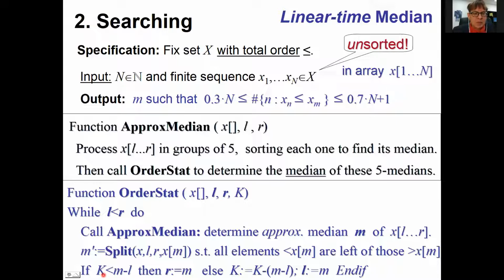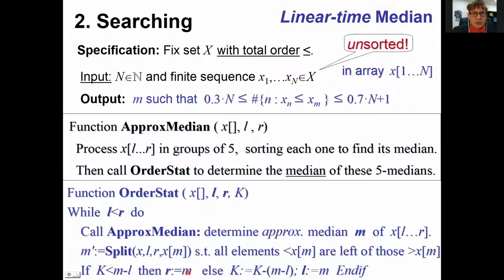Whereas if k is larger than the number of elements in the left part, then the kth order statistic is going to be in the right part. Being in the left part means we can now reduce the right bound of the interval to m. That's where the split has happened, right?